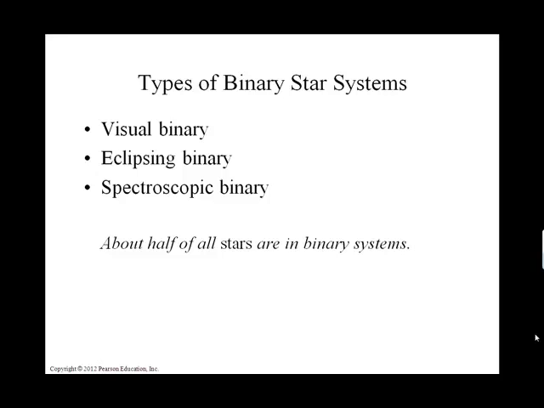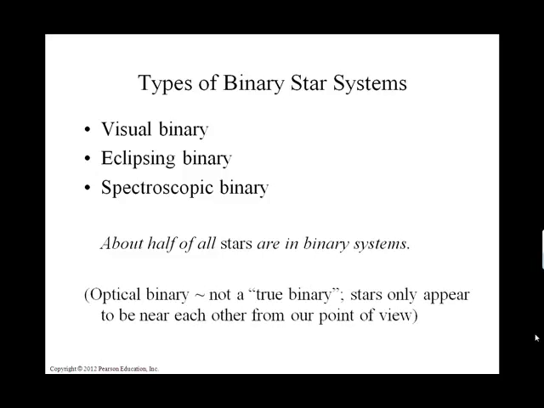In the first technique of elusive stars, eclipsing binaries, we can tell that we have two stars by looking at the light pattern. And in the spectroscopic binary, we can tell we have two stars because we will see a Doppler shift.